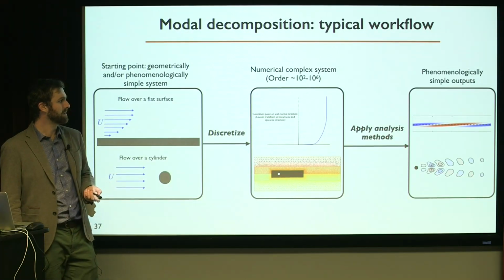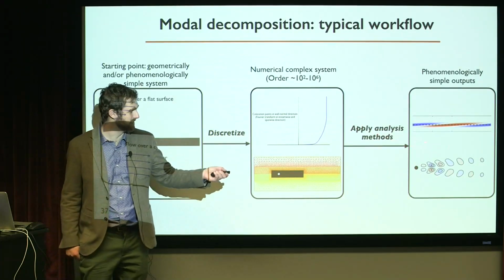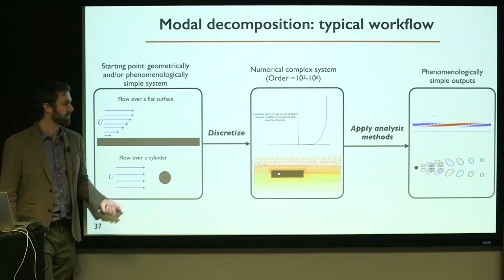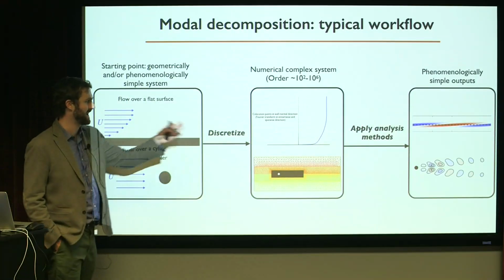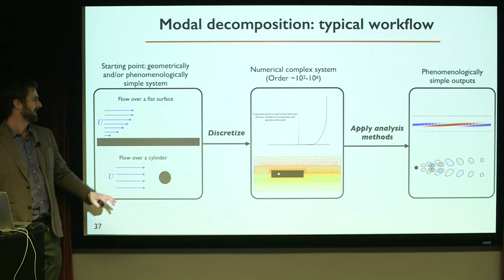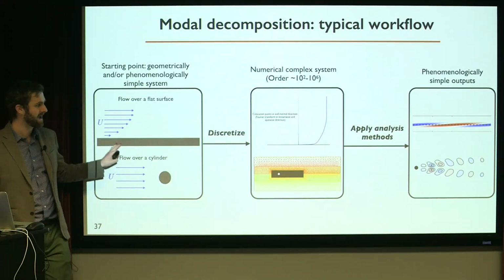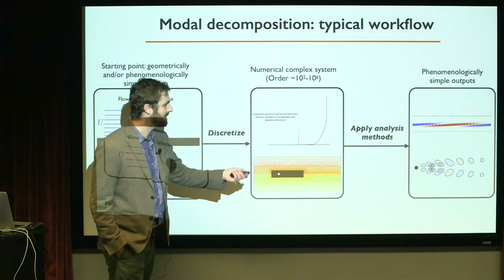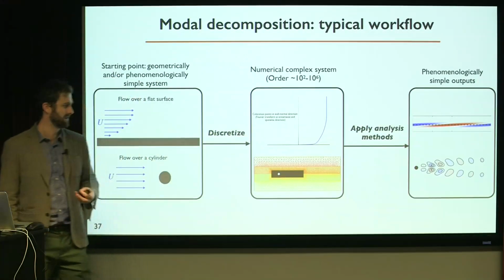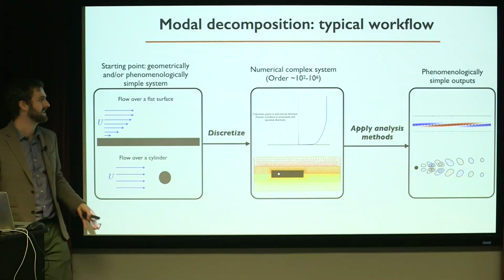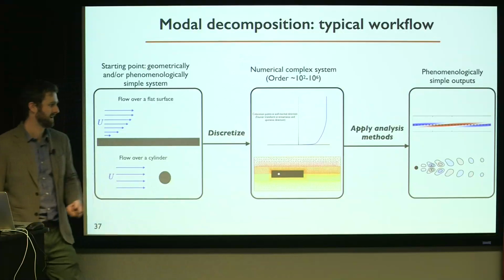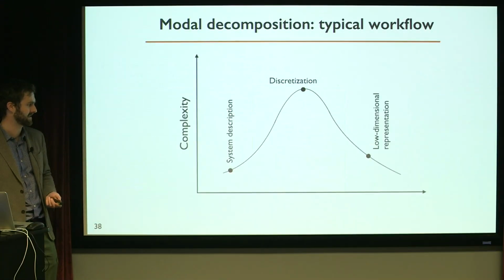And so it almost seems a shame that we have to go through this computationally complex step to go from the relatively simple system to describe to the relatively simple outputs that we get when we ask the question, what do we expect to see when we run our computationally complex analysis?